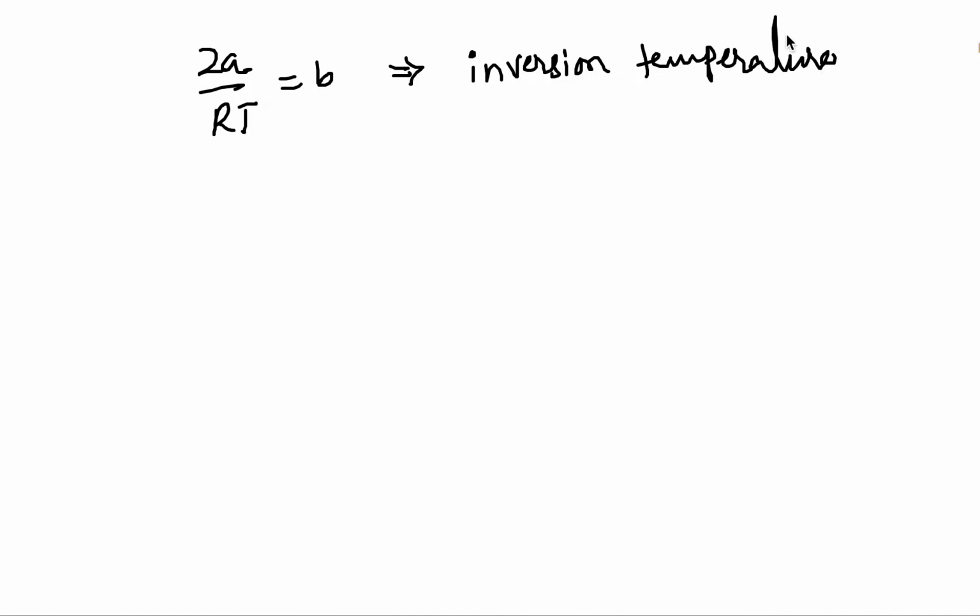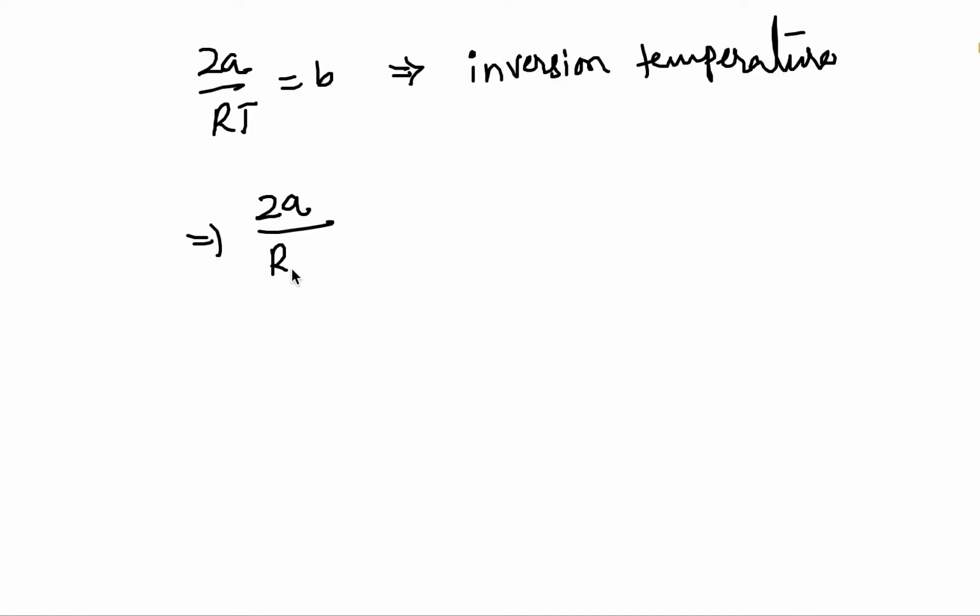2A/RT equal to B is possible only at a particular temperature. That temperature is known as the inversion temperature. So I can replace this T with the temperature at that specific point, Ti.